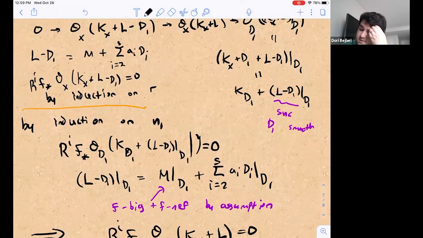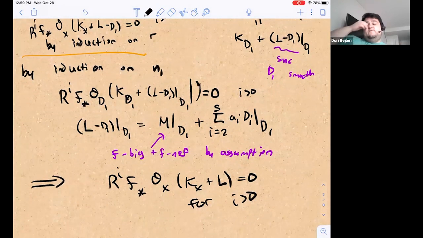Okay, so all these are for i greater than 0. Okay, so that gives us one version of Kawamata-Viehweg vanishing in the log canonical case.